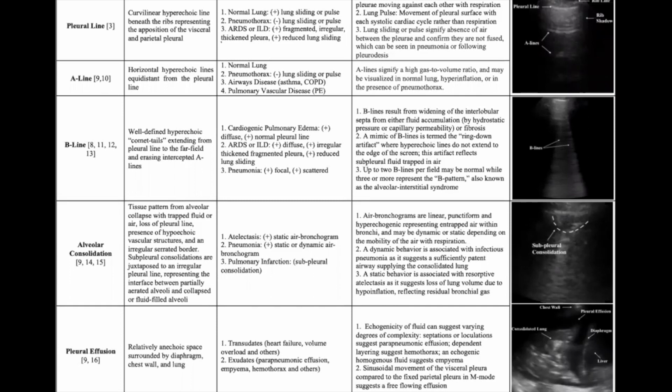Recognizing each of these signs, along with interpretation of specific features that are associated with each of them, can allow intensivists to employ lung ultrasound in the rapid diagnosis and therapeutic management of acute respiratory failure. And there's now robust data to support its use, which we'll go over. So let's go ahead and review each of these signs and the key features that are associated with each of them that can help us narrow a differential diagnosis for acute respiratory failure.